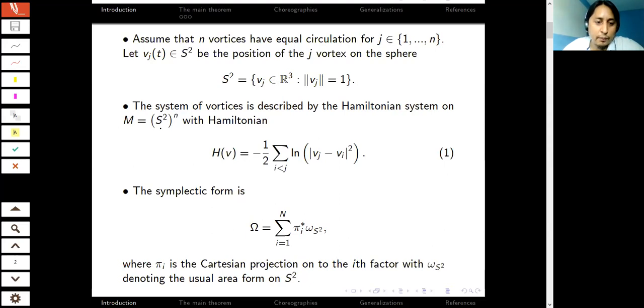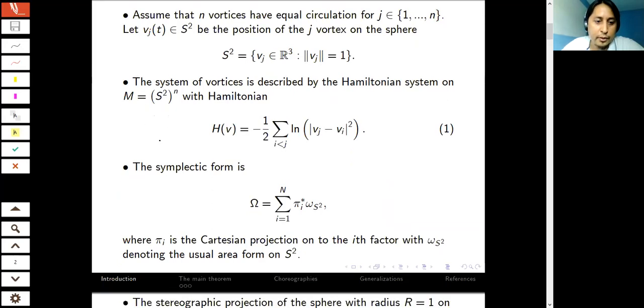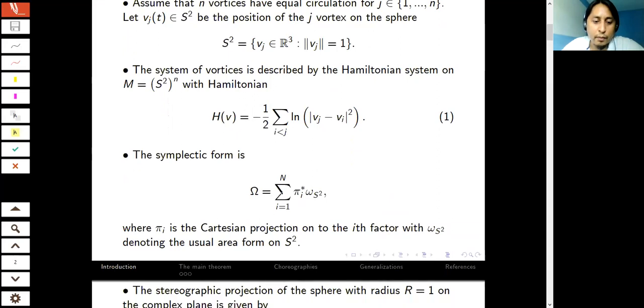The Hamiltonian on that manifold is just the sum of logarithmic interactions of the distance between Bj and Bi. And the symplectic form on the manifold is the sum of the symplectic forms, which is just the area form for each sphere.